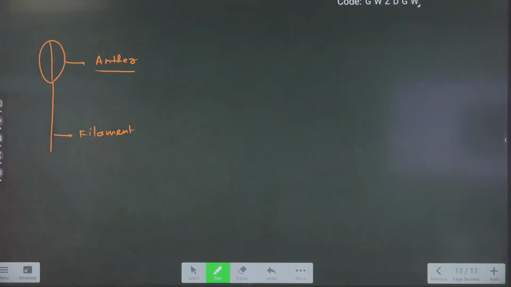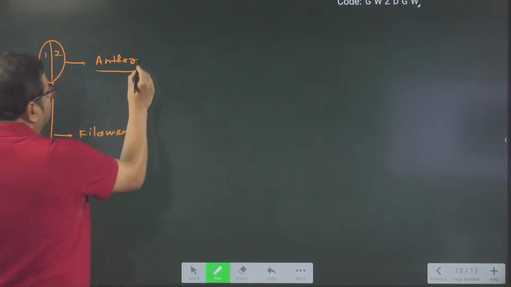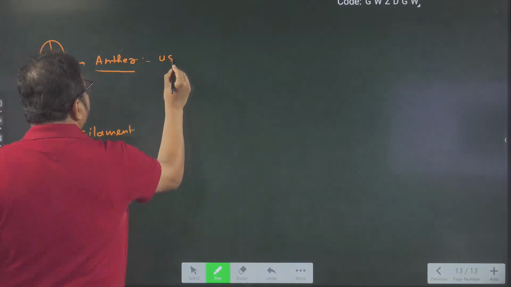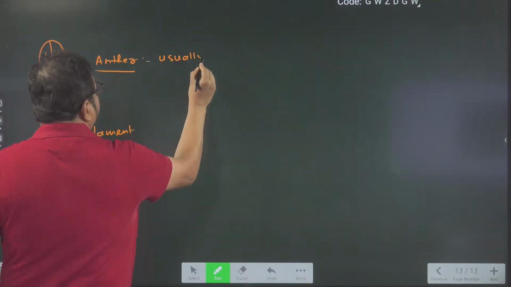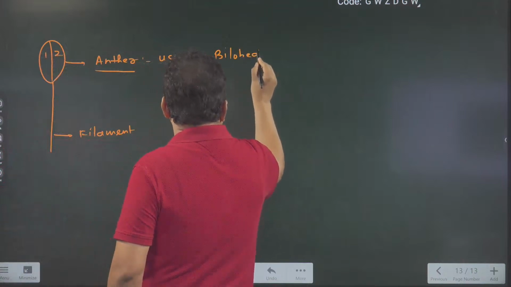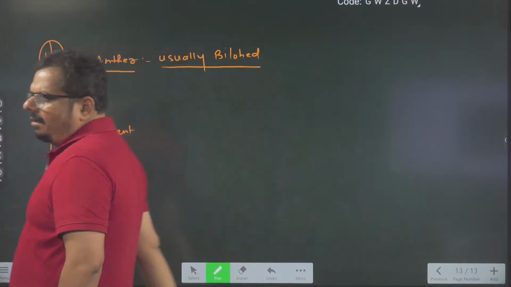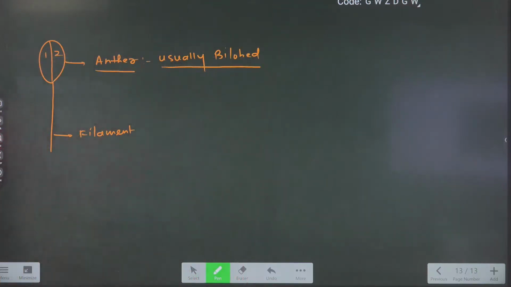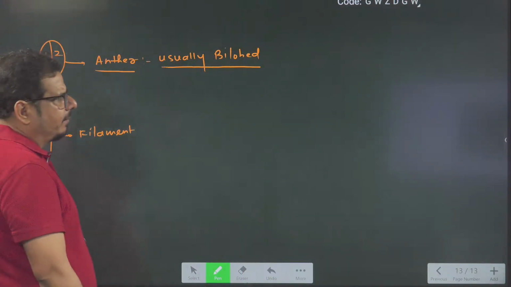How many lobes are there? Lobe 1, lobe 2. So the anther is usually bilobed. Got the idea?